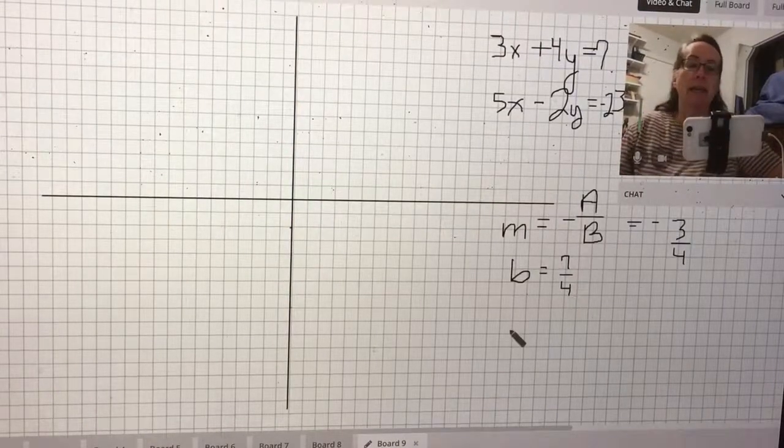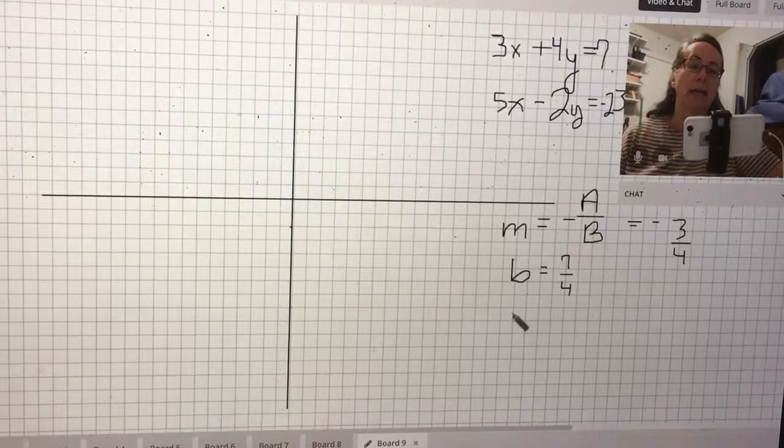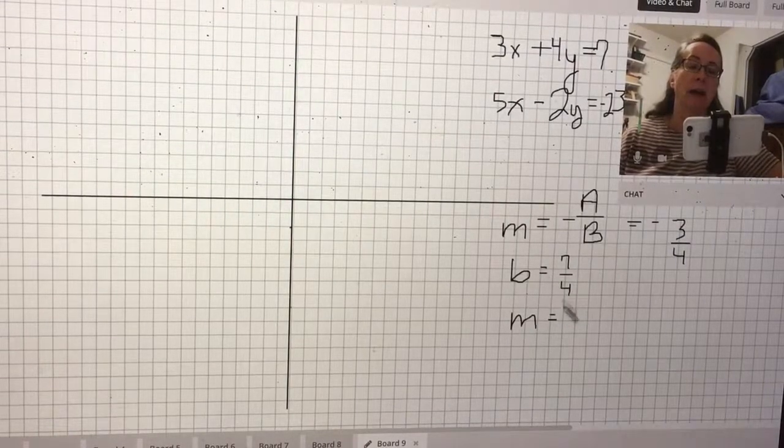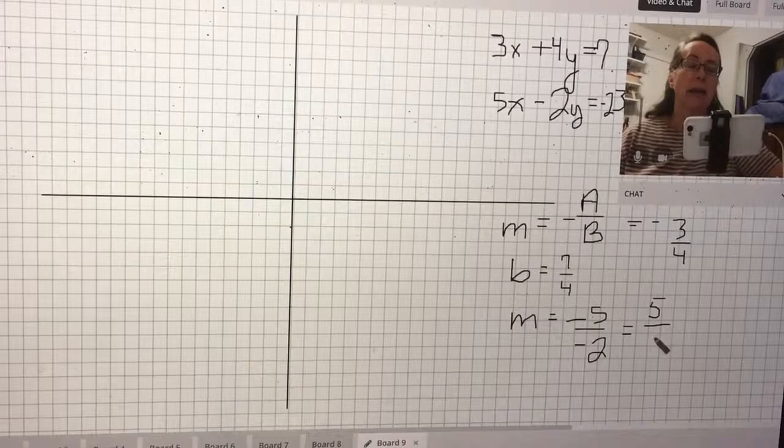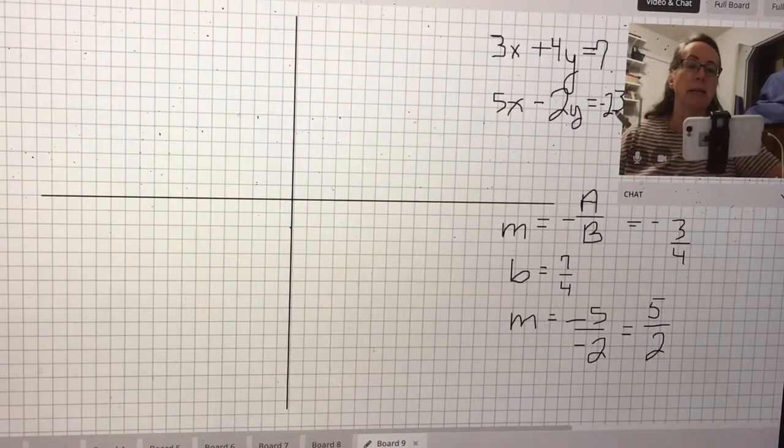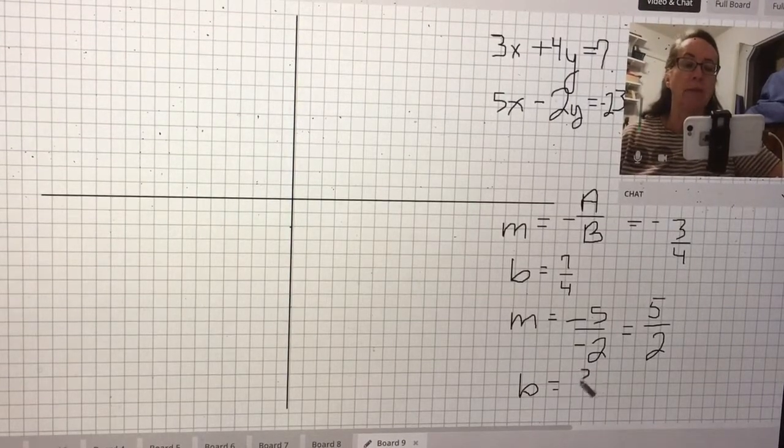The second line is 5x minus 2y is negative 23, and its slope is going to be negative a, which is negative 5, over b, which is negative 2. That is going to simplify to 5/2. And its y-intercept is going to be negative 23 over negative 2, or 23/2.